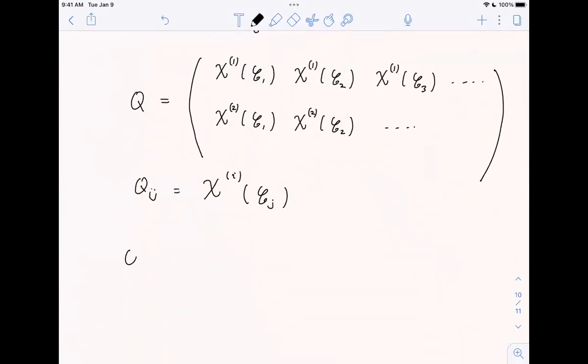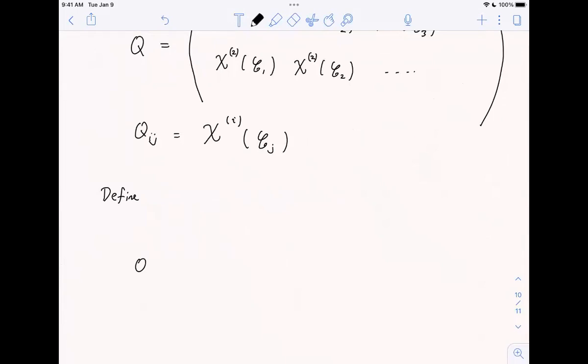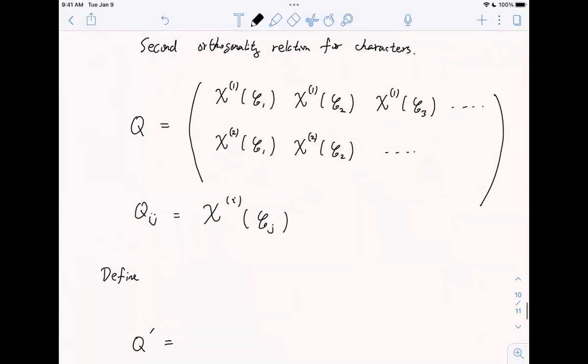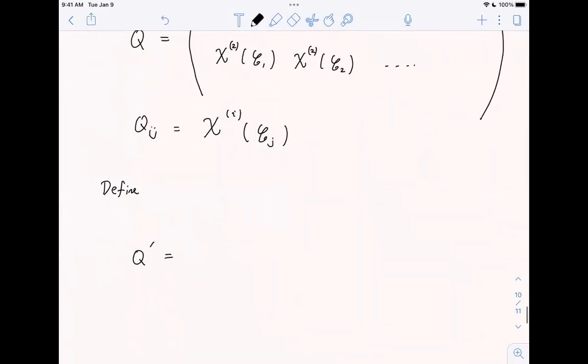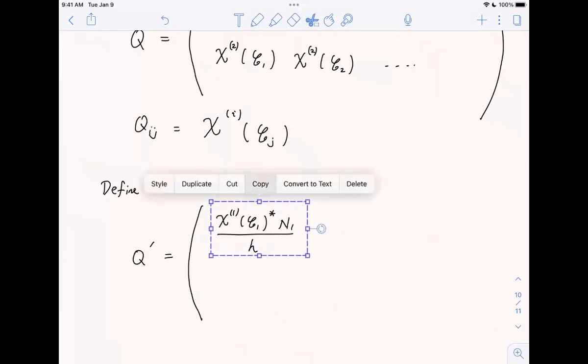Then you define another matrix called Q prime. Q prime equals square root of n1 over h, n1 is the number of elements in this class. Okay, so let me copy.